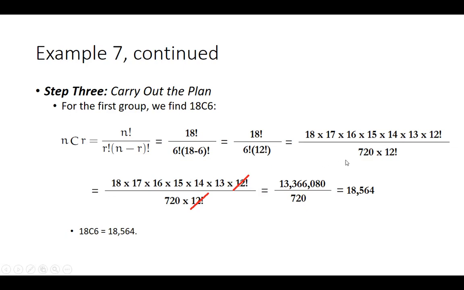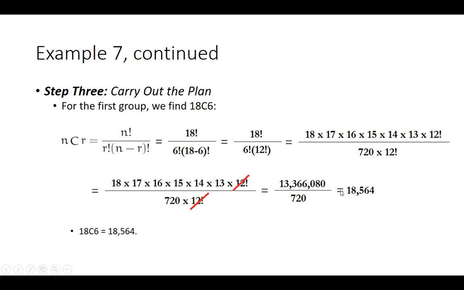And 6 factorial calculates as 720. Canceling out the 12 factorial, that leaves us with 18 times 17 times 16 times 15 times 14 times 13 on the top, 720 on the bottom. Use a calculator to multiply this out. That's 13,366,080 on top, 720 on the bottom.